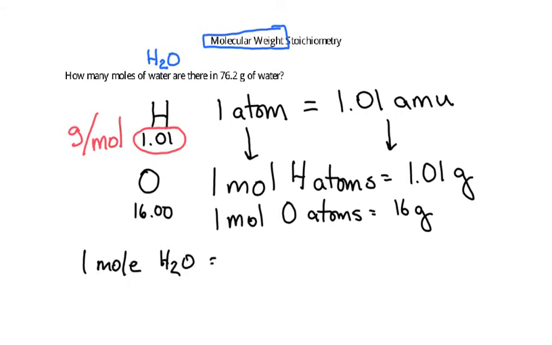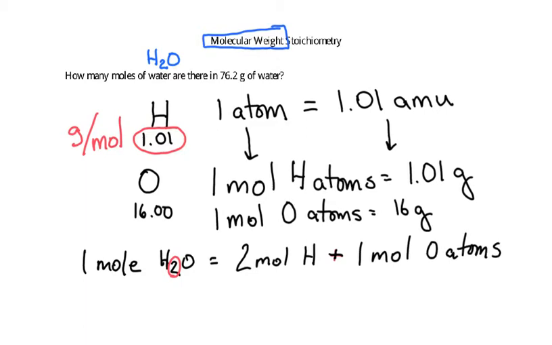contains 2 moles of hydrogen atoms because of that subscript, as well as 1 mole of oxygen atoms. Again, because of that subscript. There's no subscript, it's assumed that it's a subscript of 1.